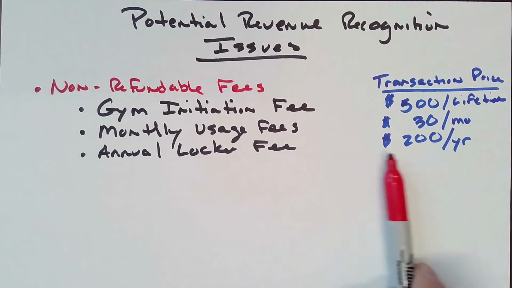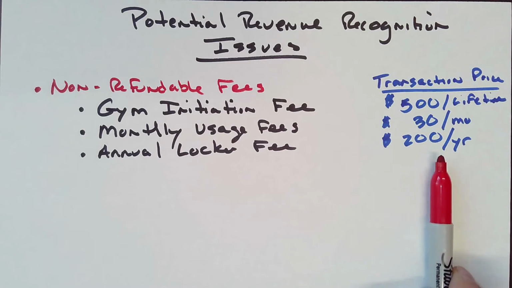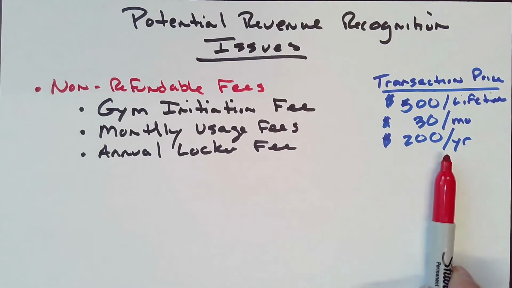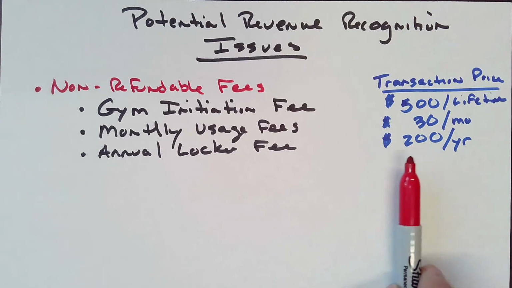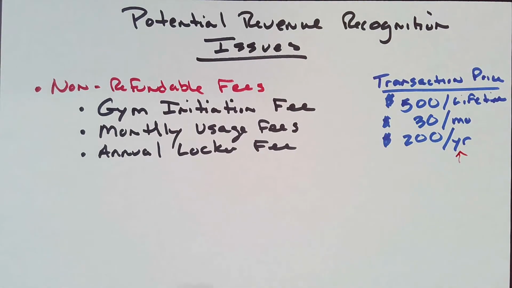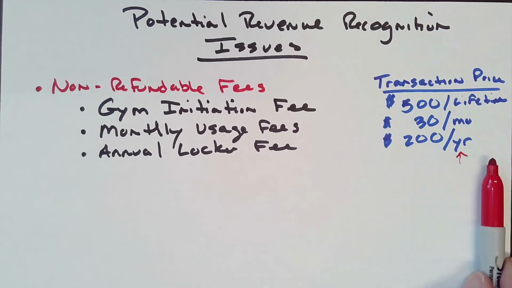How about the annual locker fee? Well, this is per year. So they have access to this locker for the entire year. I can't recognize this revenue all up front because I haven't satisfied my performance obligation, because it's for the entire year. So I'm going to have to spread out this $200 over the entire year.